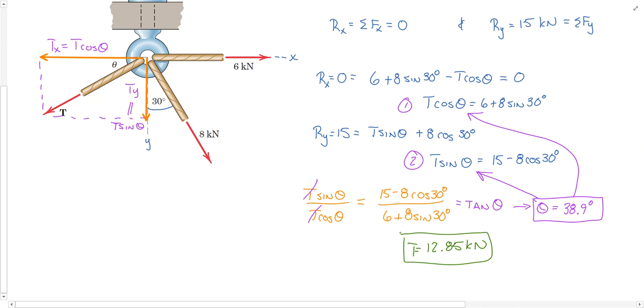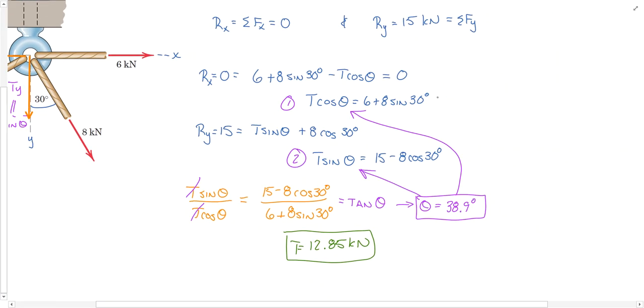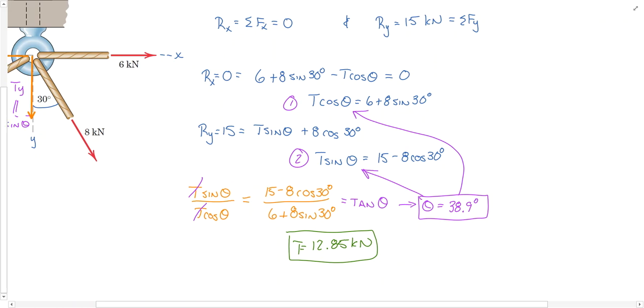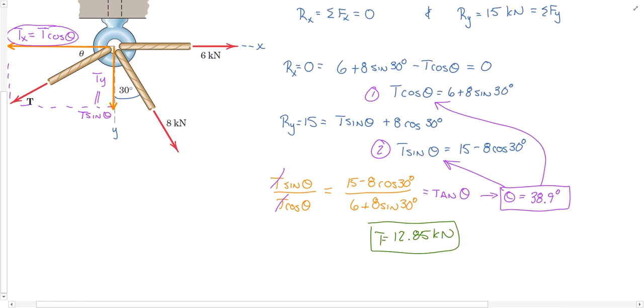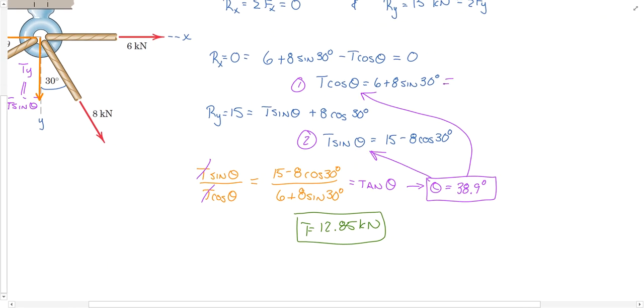Now, alternatively, what we could have written was the components of T in the equations instead of the product of T and the angle. For instance, in Rx, we could have said that T cosine theta is really Tx, and we could have computed a number for Tx.